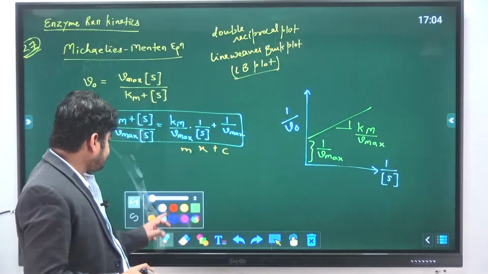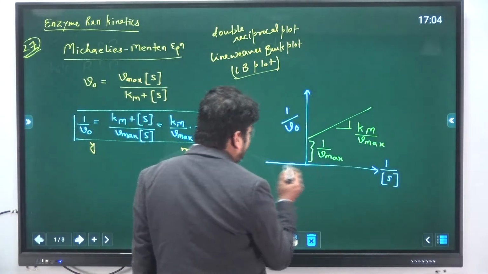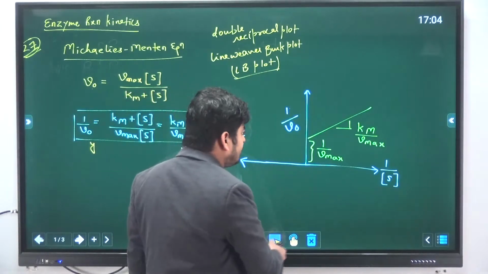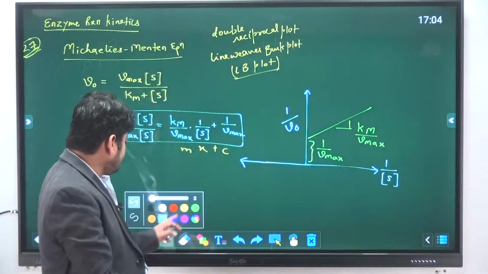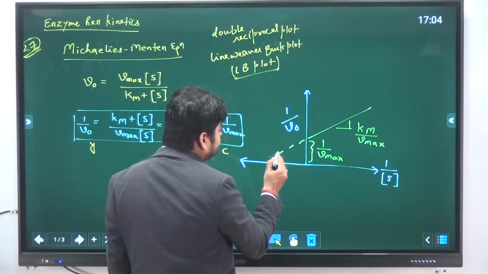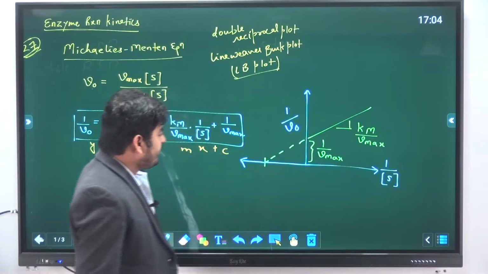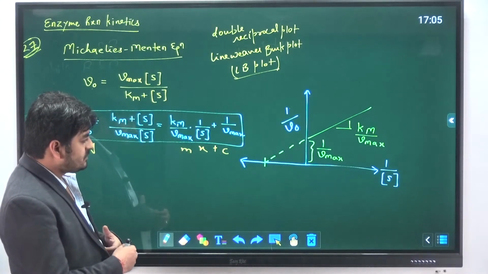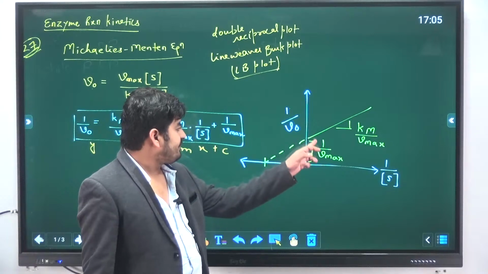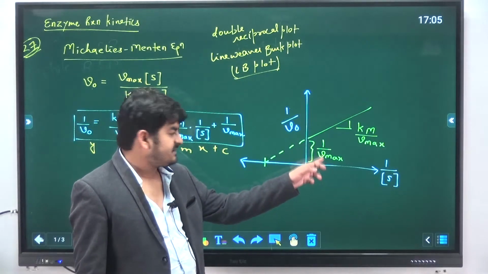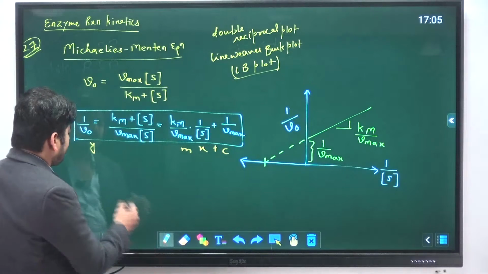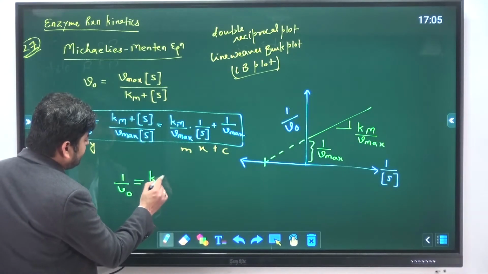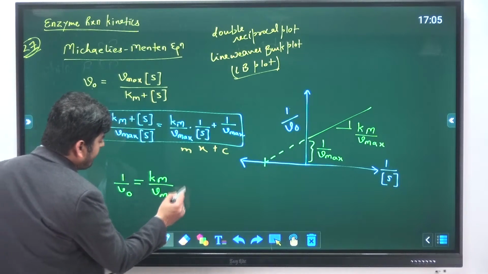Now further, if you go on the minus x-axis from the origin and extend this curve here, then for the intercept on the y-axis equal to 0, the equation will become 1 upon V naught equal to, this is the equation, let me write it for you again.